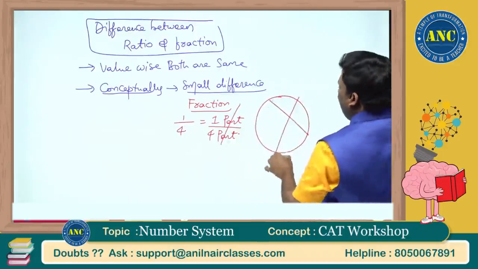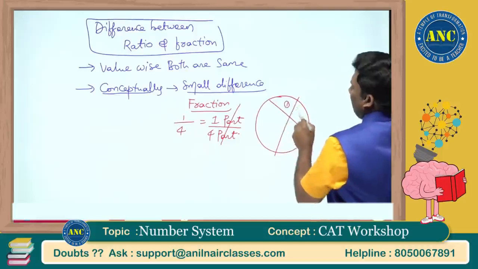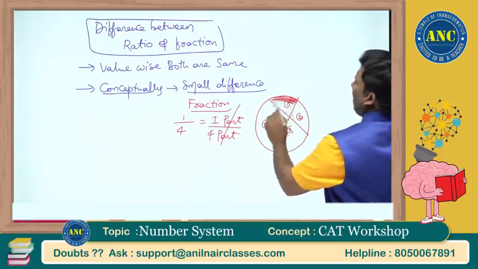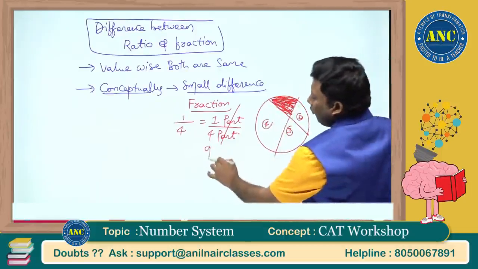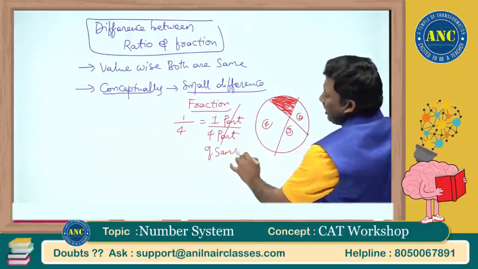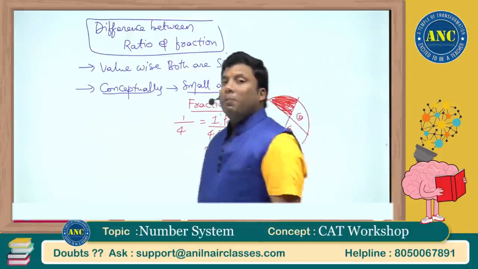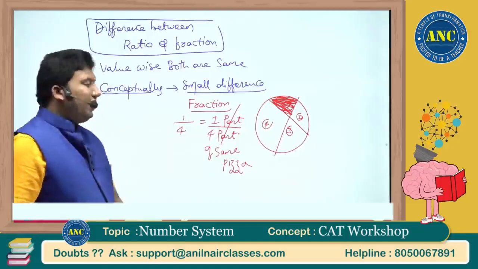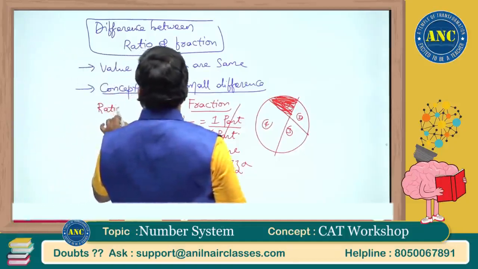The pizza is divided into first part, second part, third part, fourth part. I am taking one part out of 4 parts of the same pizza. If I take one part out of 4 parts of the same pizza, it is called a fraction.